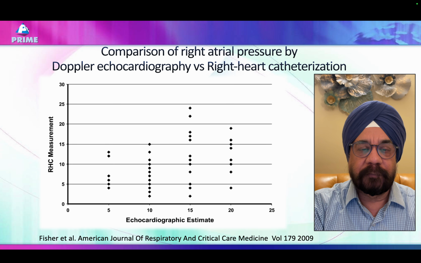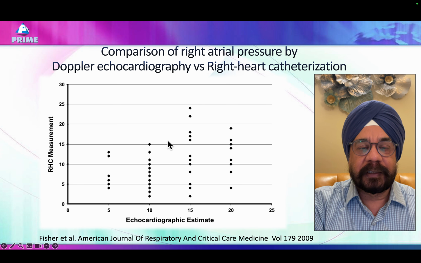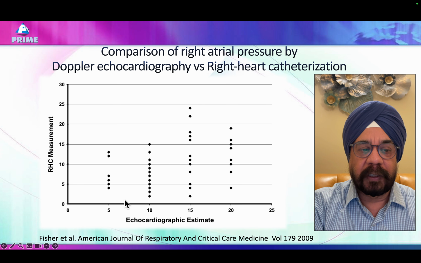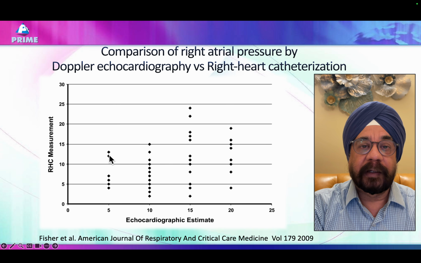Even otherwise, if we are thinking that it is going to be accurate, let's look at this graph very carefully and minutely. Let us say this is the echocardiography estimate of RA pressure. This is the right heart catheterization. If we said the RA pressure was 5, it could be 4 or it could be more than 10 on the cath. And if we said RA pressure was 10, it could be as low as 2 or 3, and it could be as high as 15.